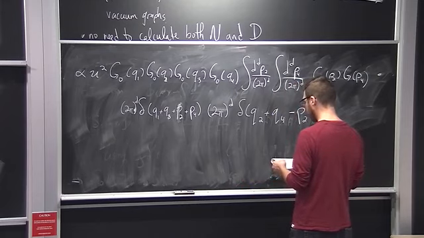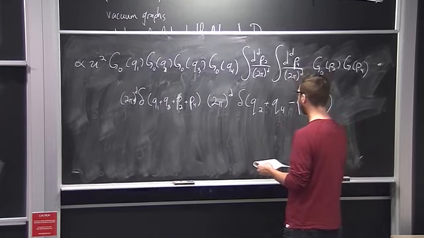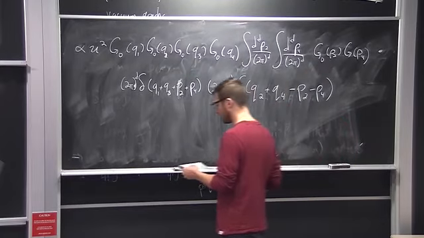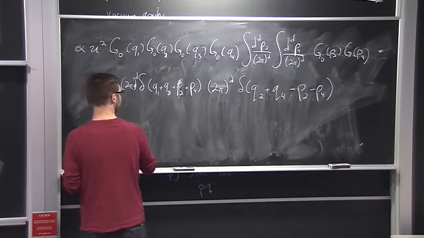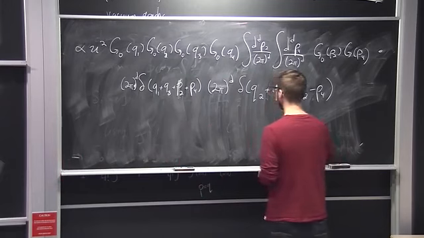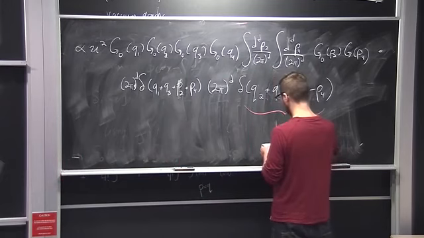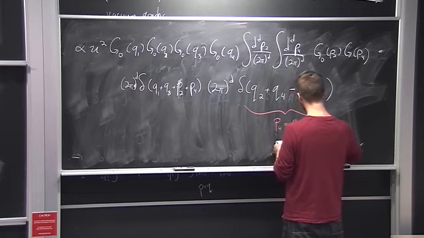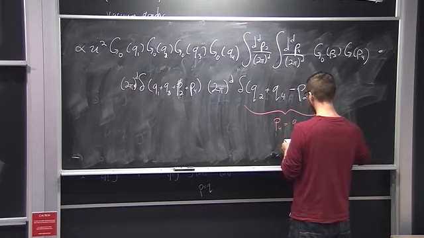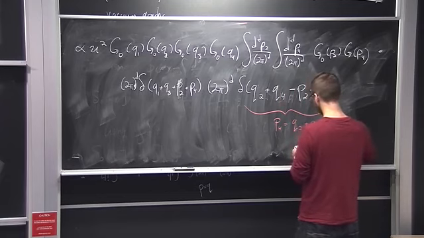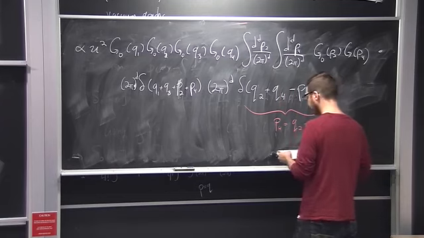So let's see. You can just take one of the delta functions and say, this one's giving me, I guess I'll say P4. So solve the constraint in terms of P4. Q2 plus Q4, yeah, minus P2.